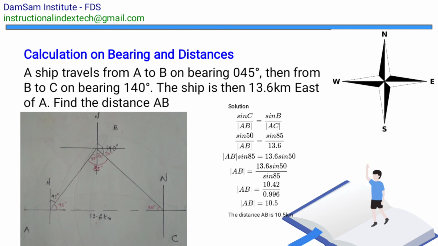Numerically, we can simplify that. 13.6 sine 50 is 10.42, and sine 85 is 0.996. The length of AB is concluded to be 10.5 kilometers. So that is how we have the length of AB here.